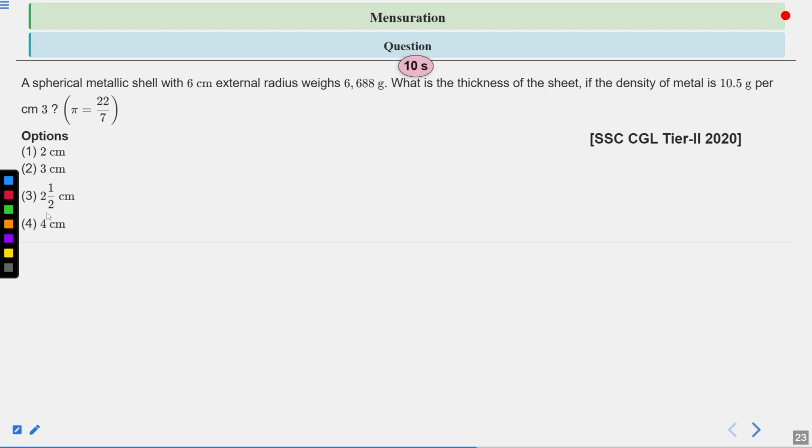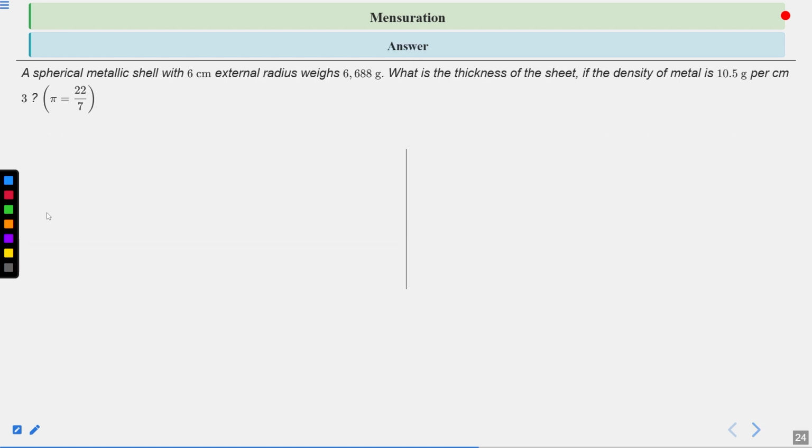Now you have 10 seconds to analyze the question. Your time starts now. Now time's up. Let's see the solution of this question. The question says that a spherical metallic shell with 6 centimeter external radius weighs 6688 gram.